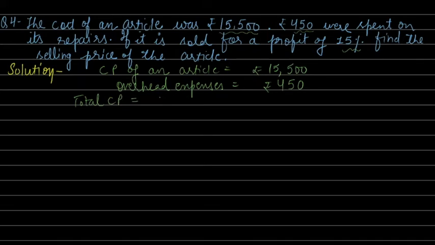How much it will be? Rupees 15,500 plus rupees 450. This will be 0, 5, 5 plus 4, 9 and 15,950. So now we will use this new CP to solve the question, right?